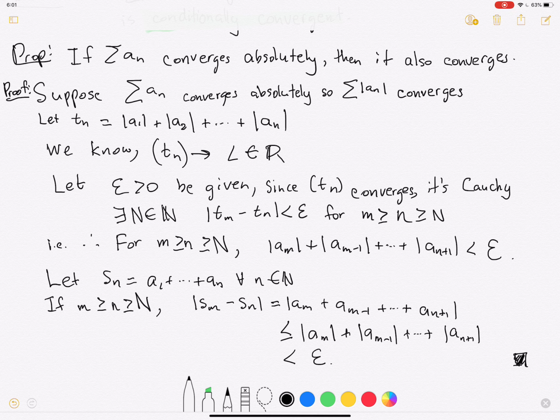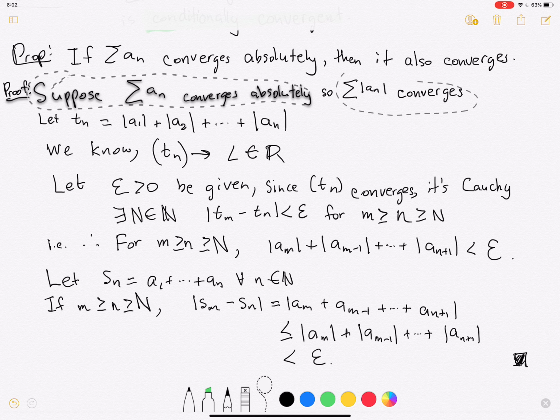Right, so to walk through that proof, we're saying if this series converges absolutely, we want to show that it converges. And we had a powerful technique from the previous lectures that to show convergence, we don't need to know the limit anymore. We can just use some Cauchy properties. So let's suppose it's absolutely convergent, as in the hypothesis of the proposition. So this series of absolute values converges.